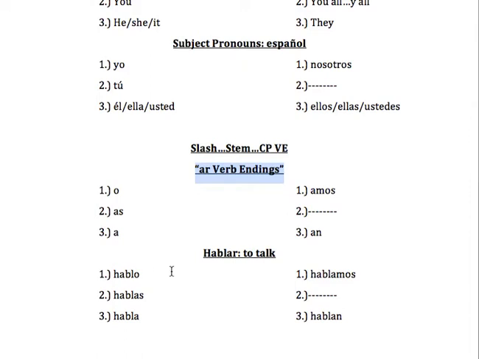And then essentially what we do is, if I were to have hablar right here, the first thing I do is slash the verb ending. Step 2, write the stem, what's left over, H-A-B-L, and then I just take this, copy, paste, and then I have hablo, I speak, or I talk.